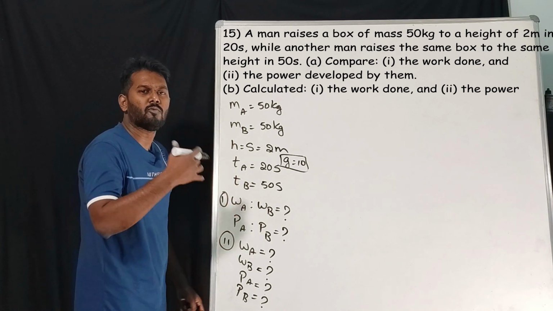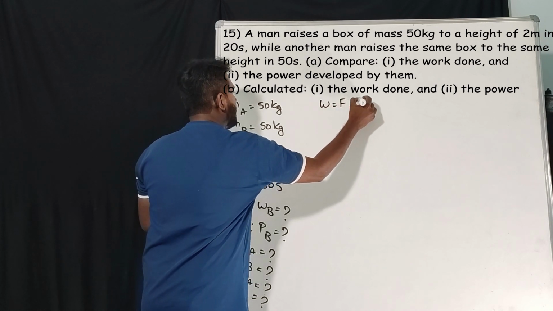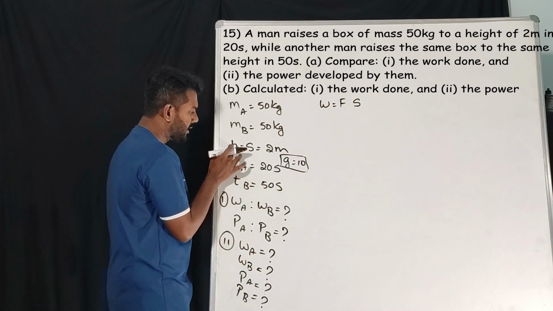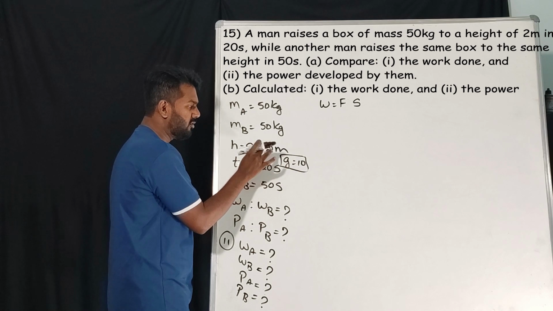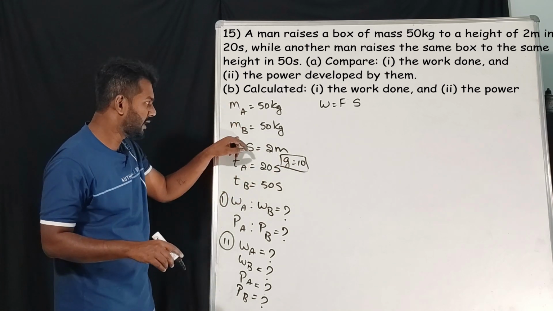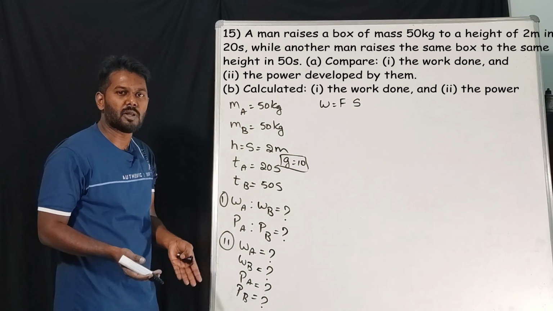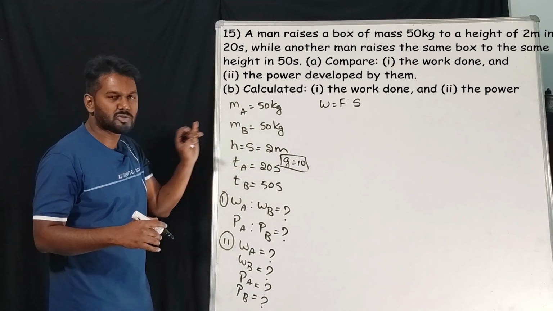What do you mean by work done? Work done is nothing but force into displacement. We know height and displacement both are 2 meters. Whether it is person A or person B, they have the same mass and they are lifting the box to the same height, that is 2 meters.